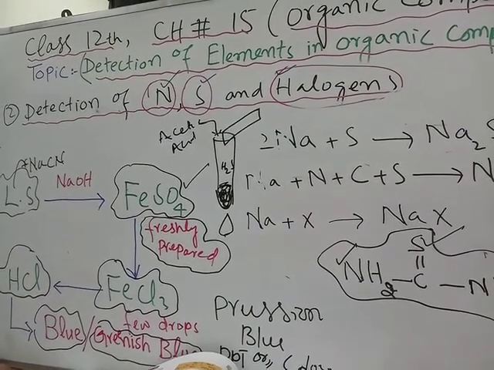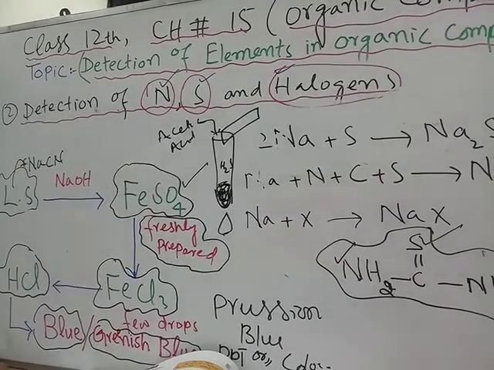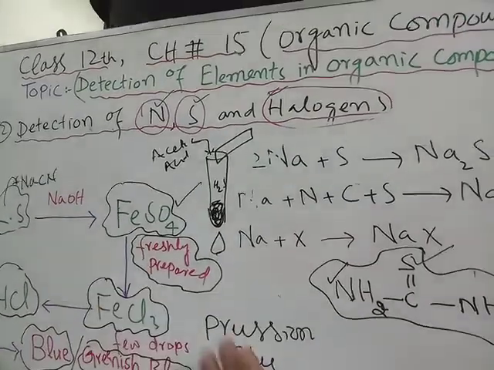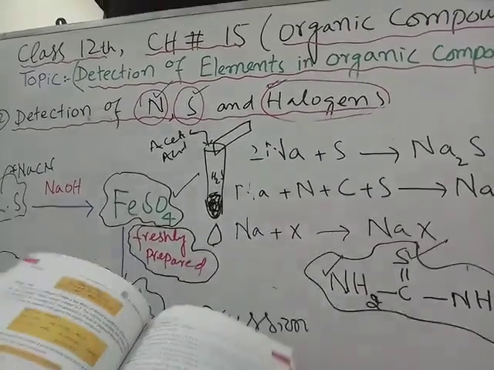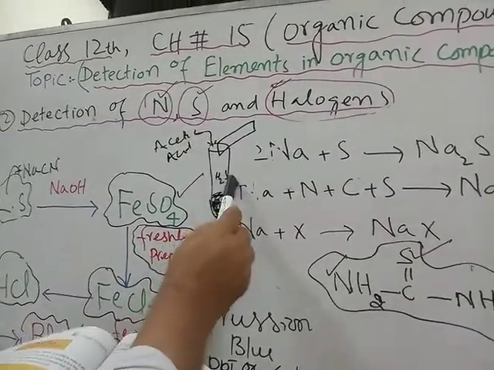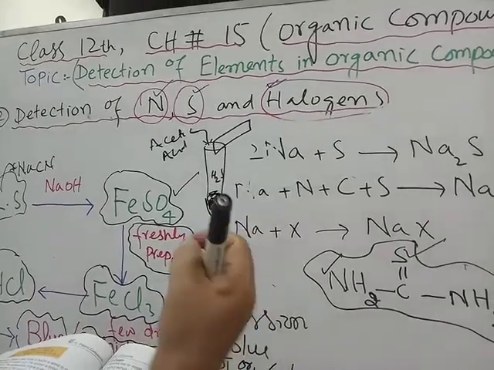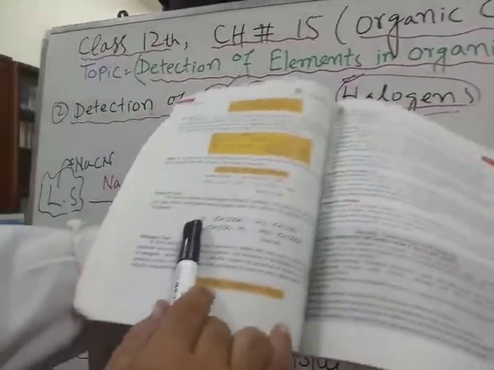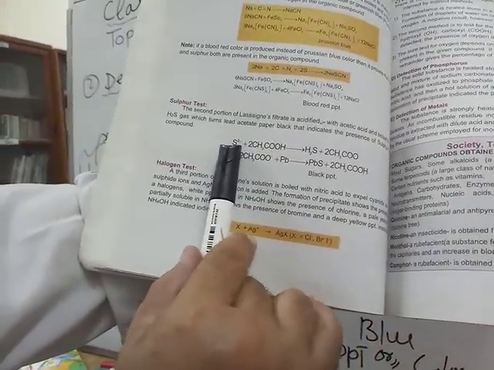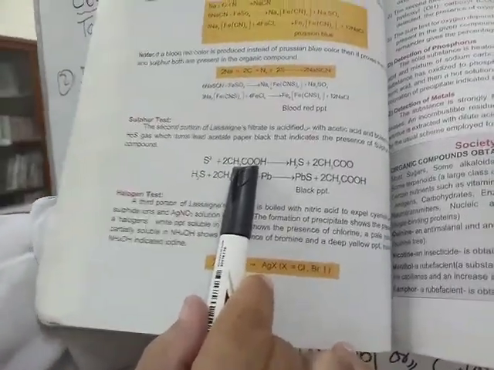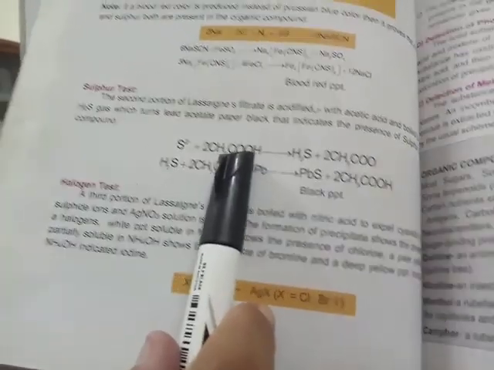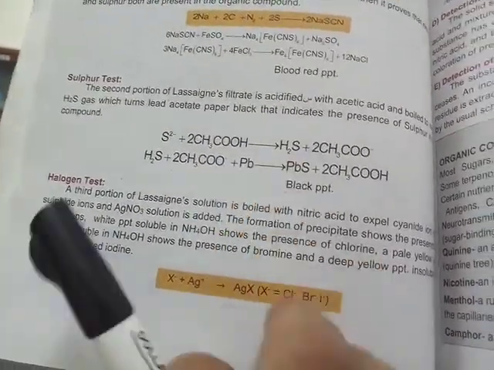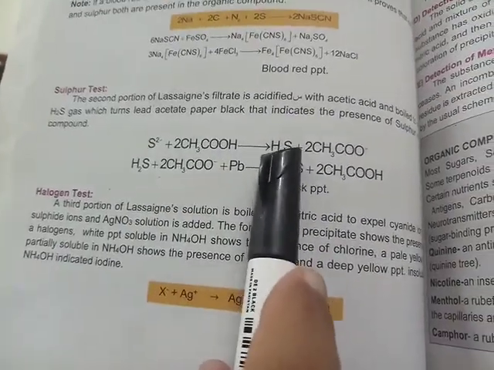So how to detect the sulfur? Sulfur will turn the lead acetate paper black. How? Actually, in H2S, sulfur is in the form of sulfide ions. In water, it will be in the form of S2- sulfide ion, which reacts with acetic acid, CH3COOH, and releases hydrogen sulfide, H2S.